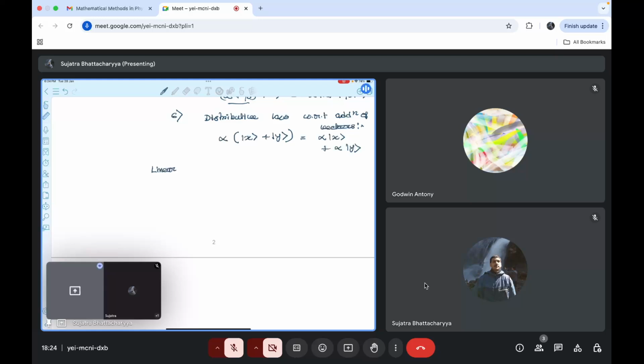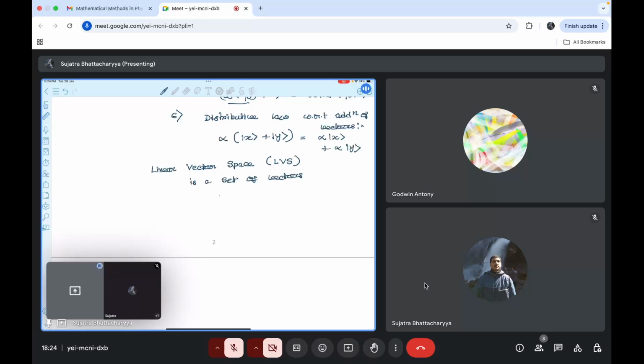So let me write first: linear vector space. We generally call it LVS, linear vector spaces. It is a set of vectors because it's a space. The set of vectors will be there in that space.